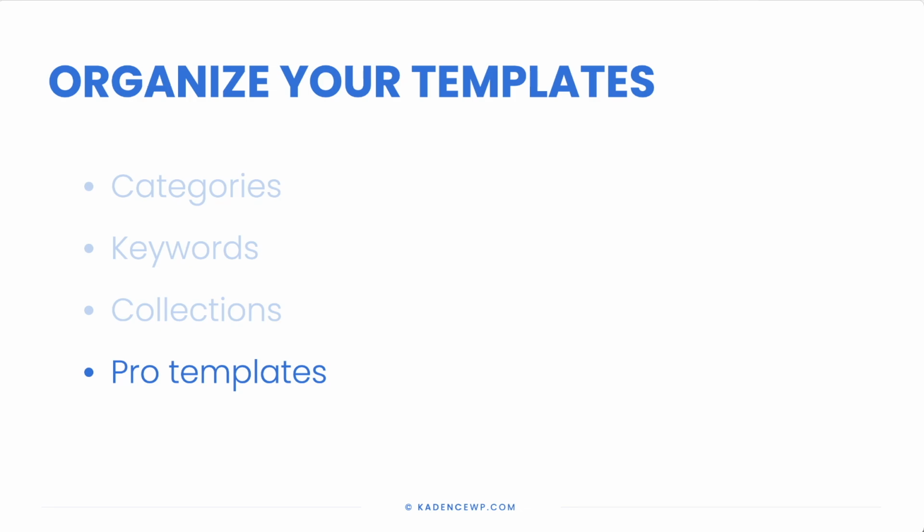And lastly, we have the ability to mark certain templates as pro templates, and someone would have to purchase access from you in order to get access to those pro templates. So they'll be able to see what's there, but they won't be able to access it. And this is entirely optional.